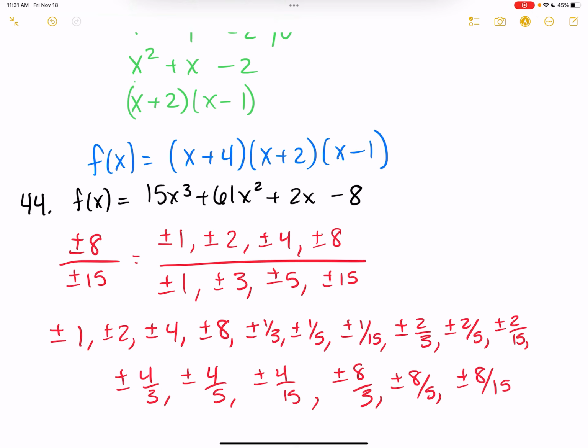I'm going to attempt to zoom in a little bit here so that you can see because there's so many little fractions going on. Alright, so I've got one that appears to be at negative 4, so at negative 4 it appears that there's a zero.